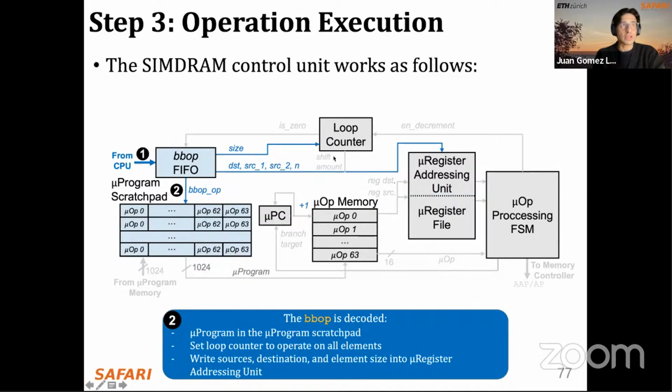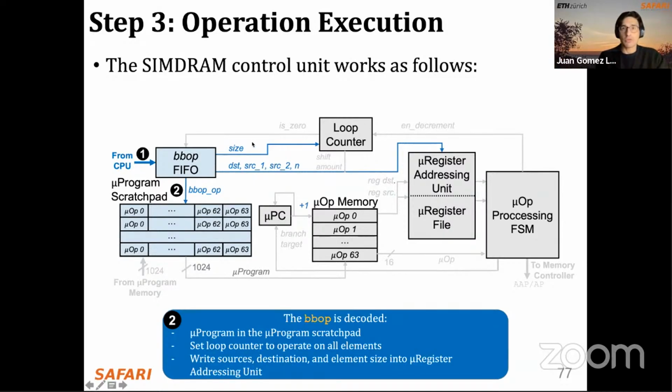The second thing is to set this loop counter, because we will have to repeat the sequence of commands multiple times, not only because the precision of the elements that we are using in computation is n, for example, 32 bits, but also because the operation might apply to whatever we have stored in multiple subarrays. In the end, the bbop takes one or two source addresses, one destination address, and one size, which is the size of the array that we are operating on.